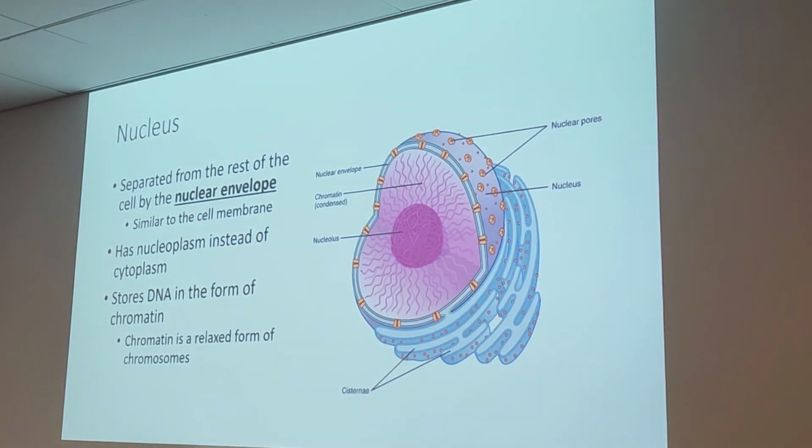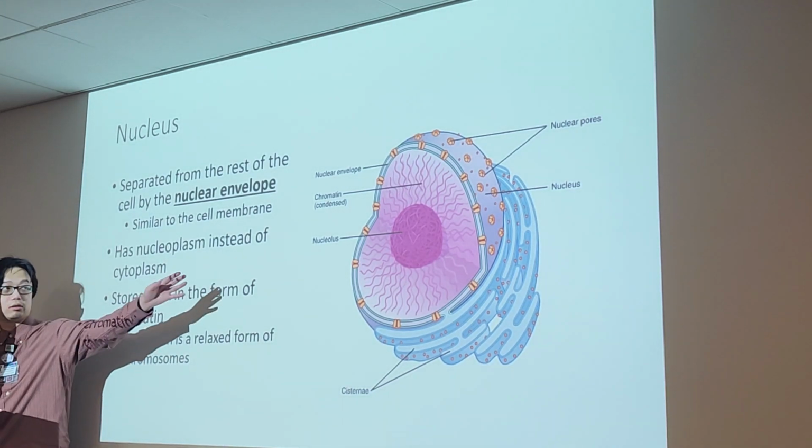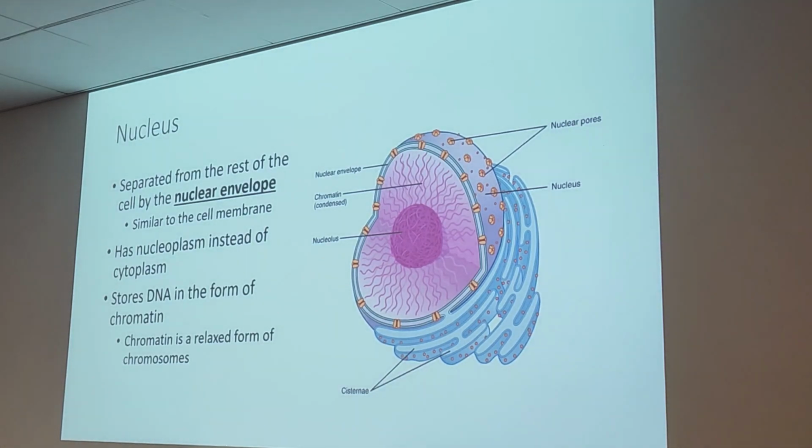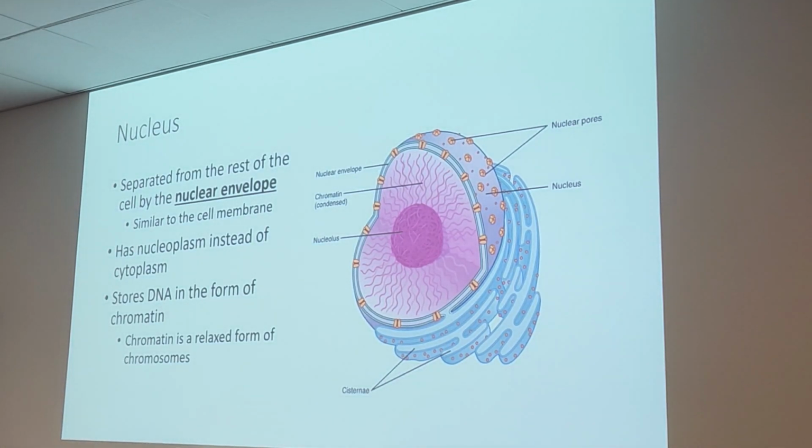Chromatin is inside the nucleus? Yes, so chromosomes are our groupings of DNA, so yes, those will be inside the nucleus. Which one is tight and compact? So chromatin is going to be the loose one. Okay.